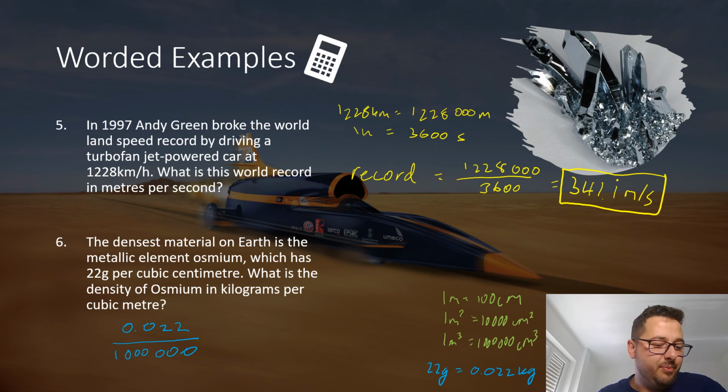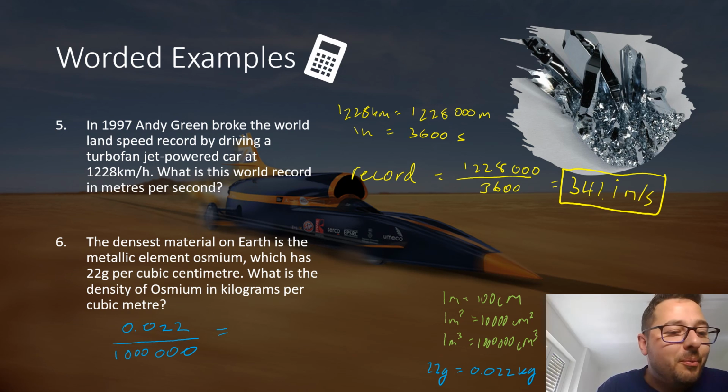Okay, so this is going to be a pretty small number. I'm just doubting how the question is, because it's going to be extremely small. But that is absolutely fine, and it's so small it's given us it in standard form. So it's 2.2 times 10 to the minus 8 kilograms per cubic meter.